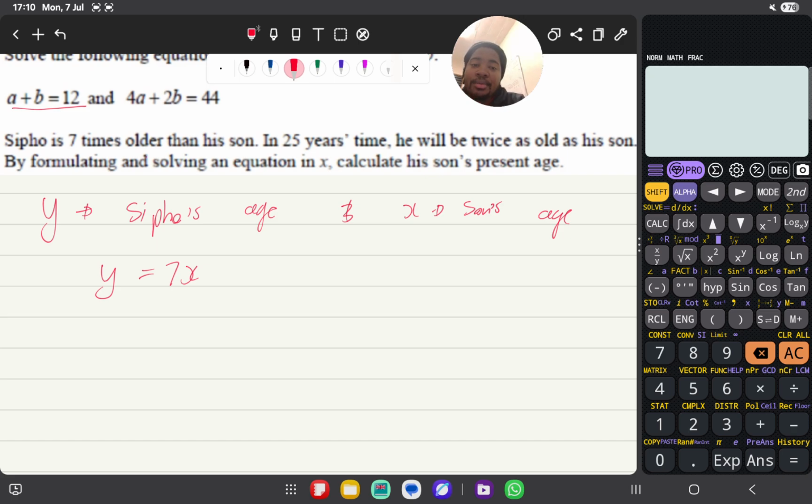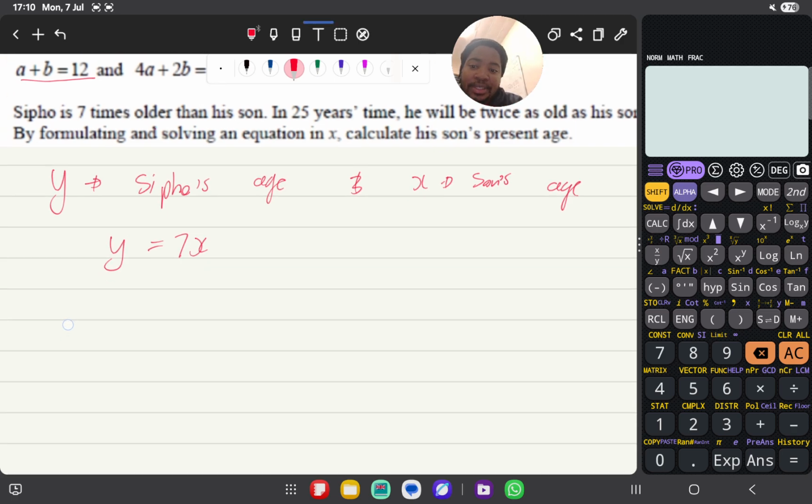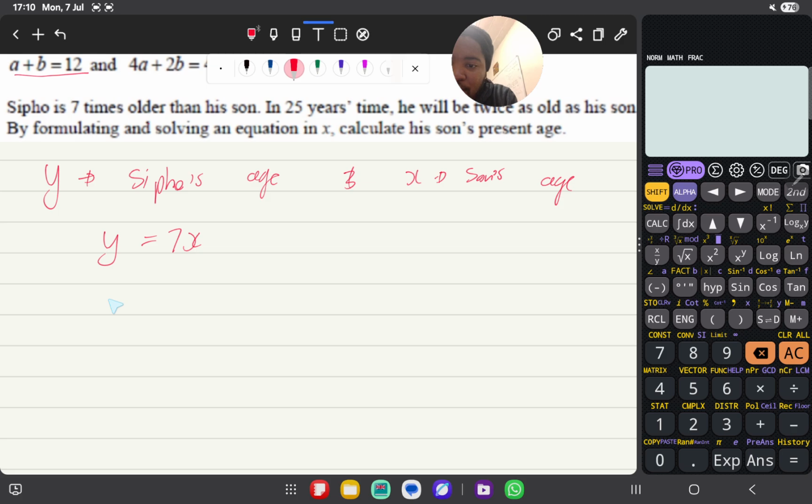So in 25 years' time, on this side, we're going to have y plus 25, because this y plus 25 is Sipho's age in 25 years' time.